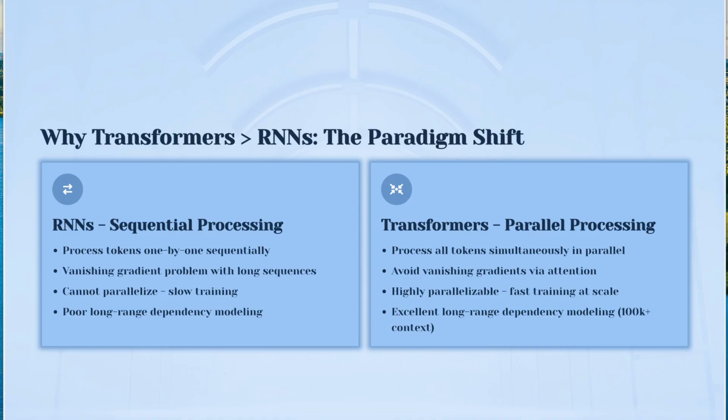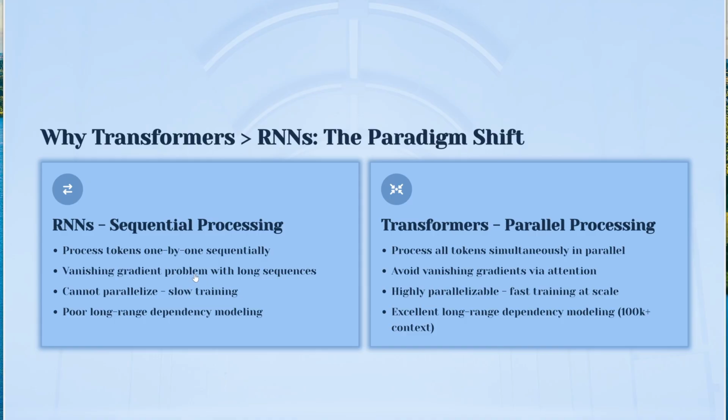RNNs process tokens one by one, sequentially, and they suffer from vanishing gradient problems with long sequences. That means, let's say we have the cat in the beginning of the paragraph, and we are trying to refer to the cat at the end of the paragraph.